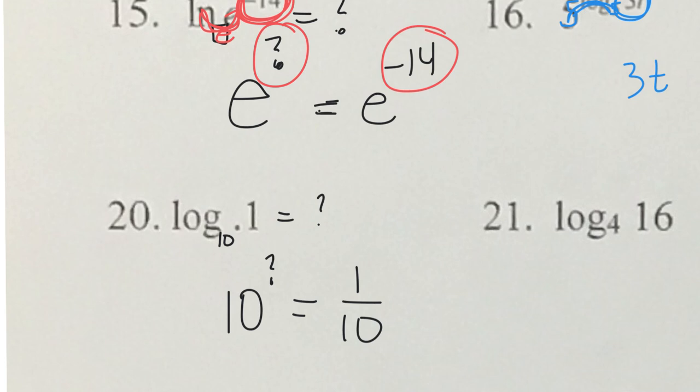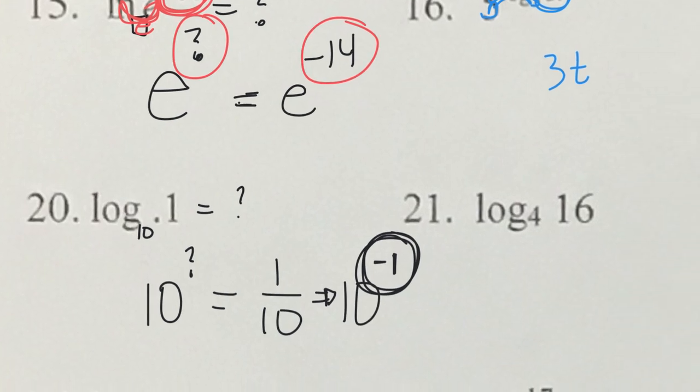So can I bring my fraction into the numerator? That's the question. And I can if I make the exponent negative. Okay, this is something you need to know how to do. To take a fraction and to change it into a non-fraction, you raise it to a negative power. So the answer is negative 1, because the answer to a log is the exponent.